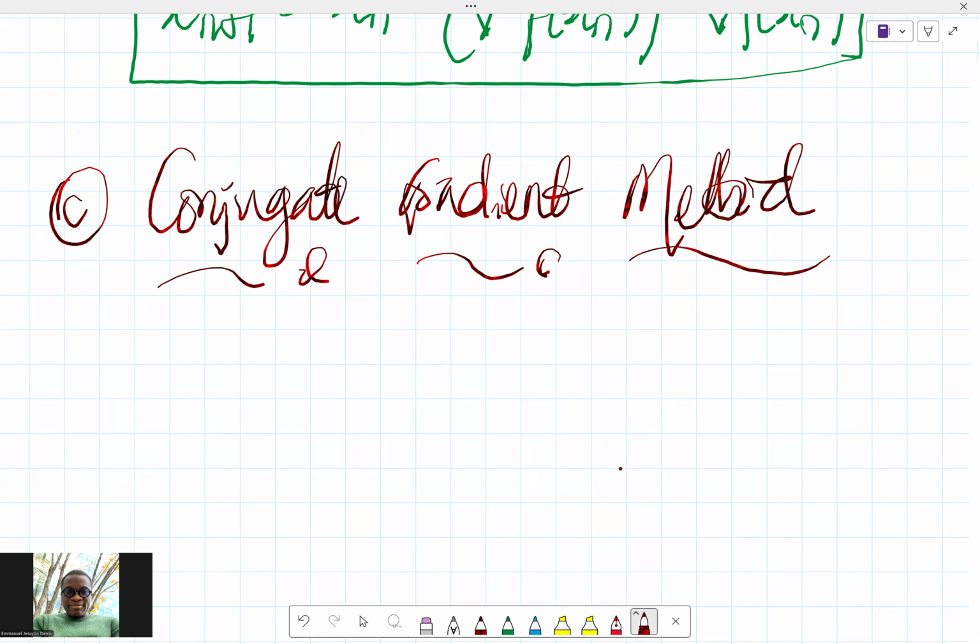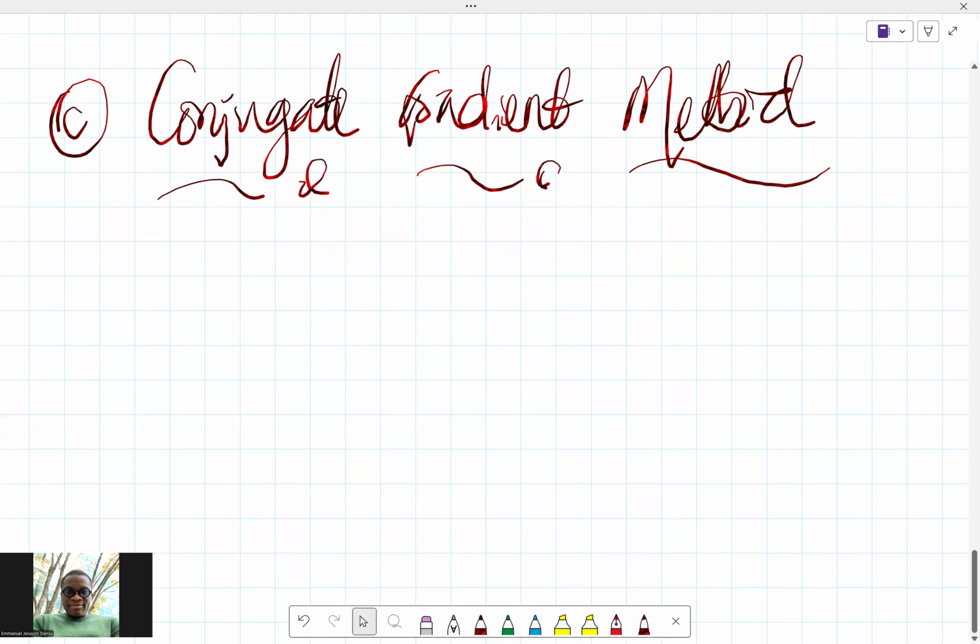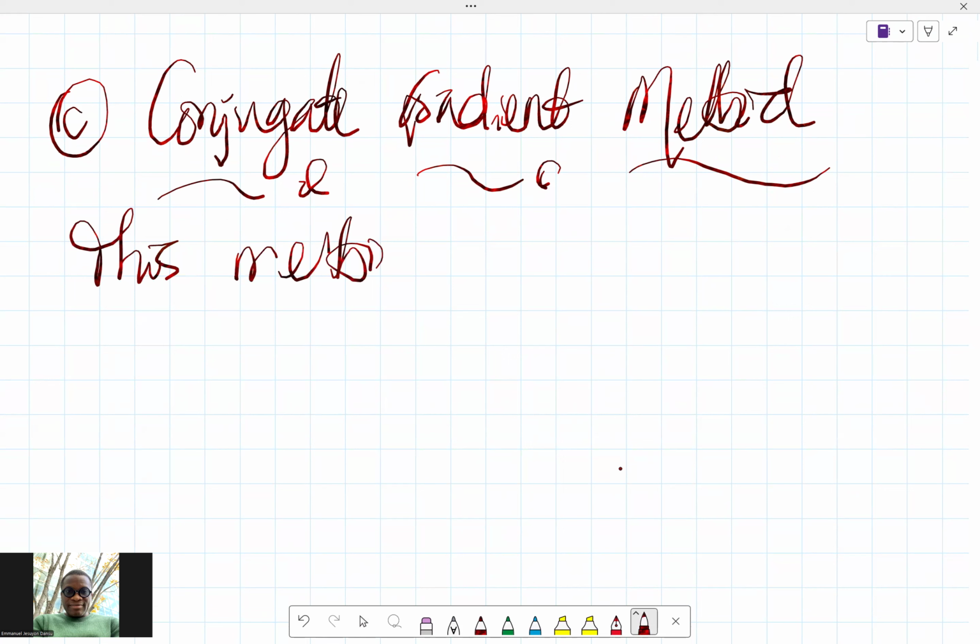So the conjugate gradient method is also a gradient-based method. This method extends gradient descent.